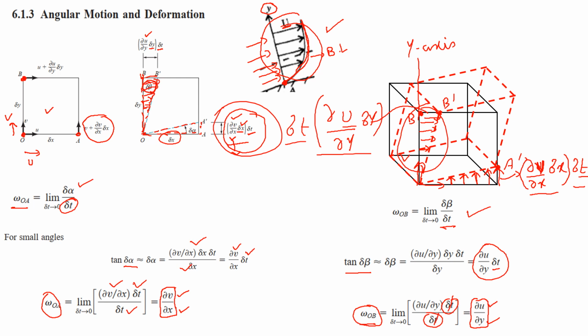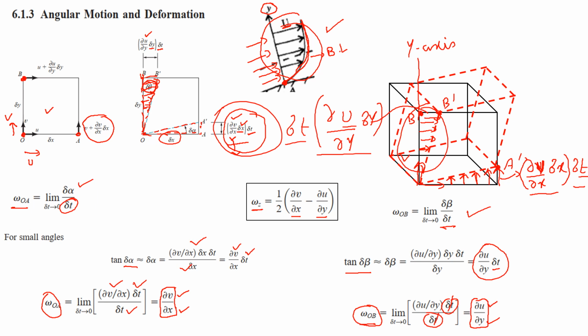So if we would like to write a combined term for OA and OB, we can do that, and this will represent the rotation of these two edges along a certain axis. So this will be the z axis, and if we take the average of these two velocities and add them, that is the angular motion of edge OA, and that is the rotational motion of edge OB, and by adding them and taking their average, what we will get is the rotation along the z axis.